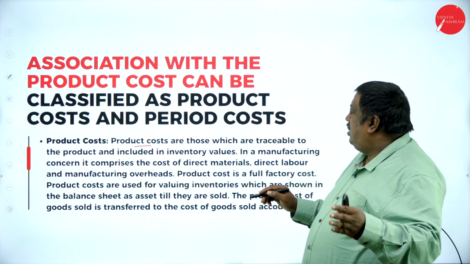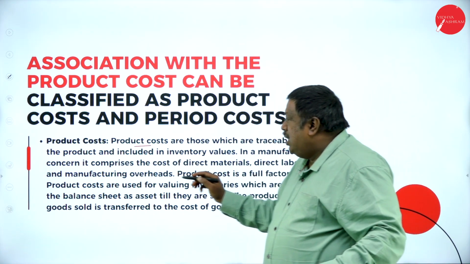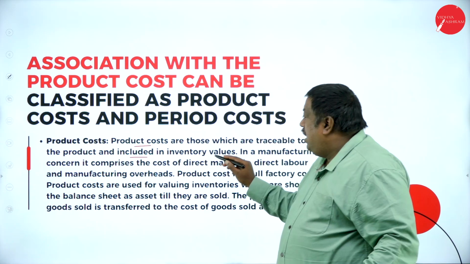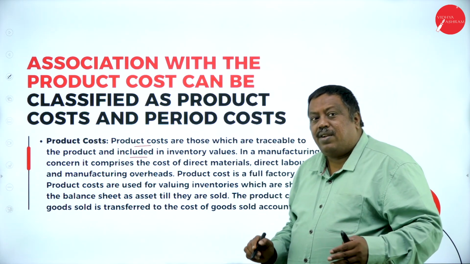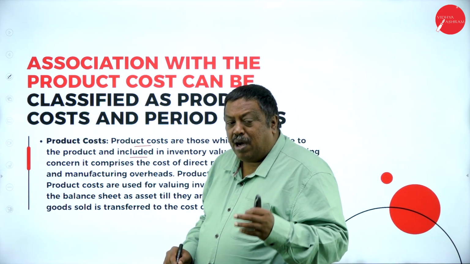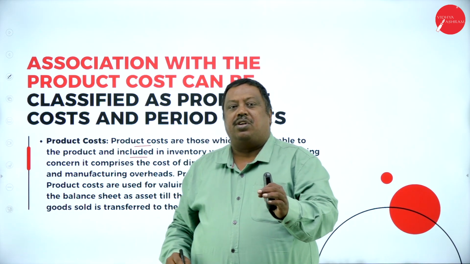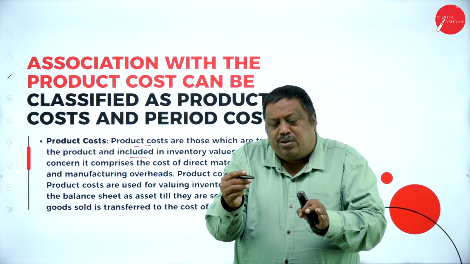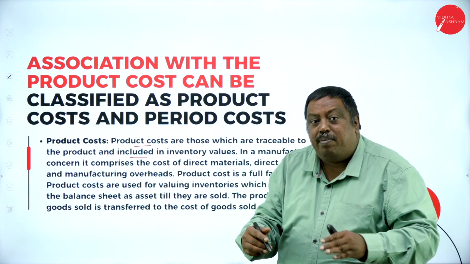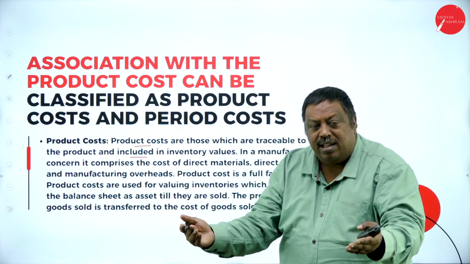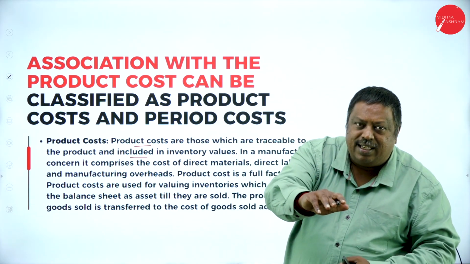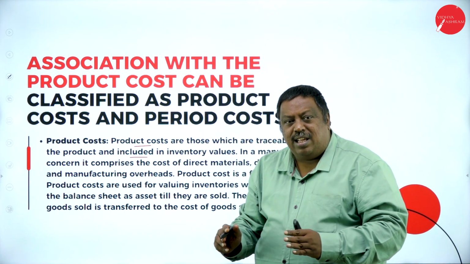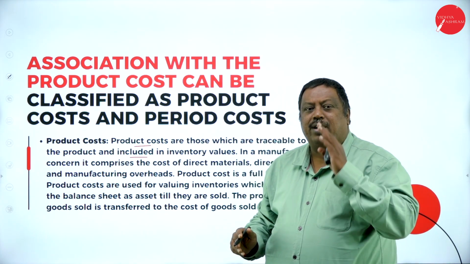Product costs are those which are traceable to the product and included in inventory value. They're saying that whatever amount of expenditure is incurred directly related to the product, which can be identified and recorded to the inventory, is called a product cost.